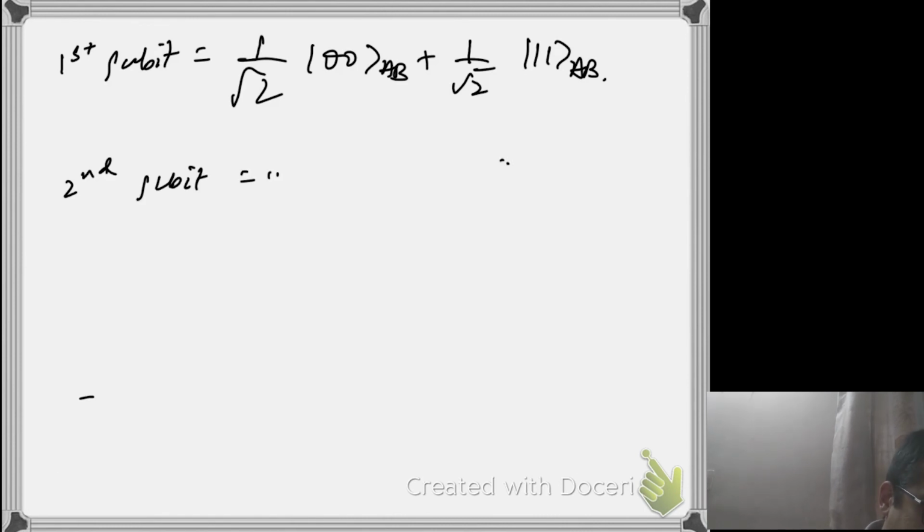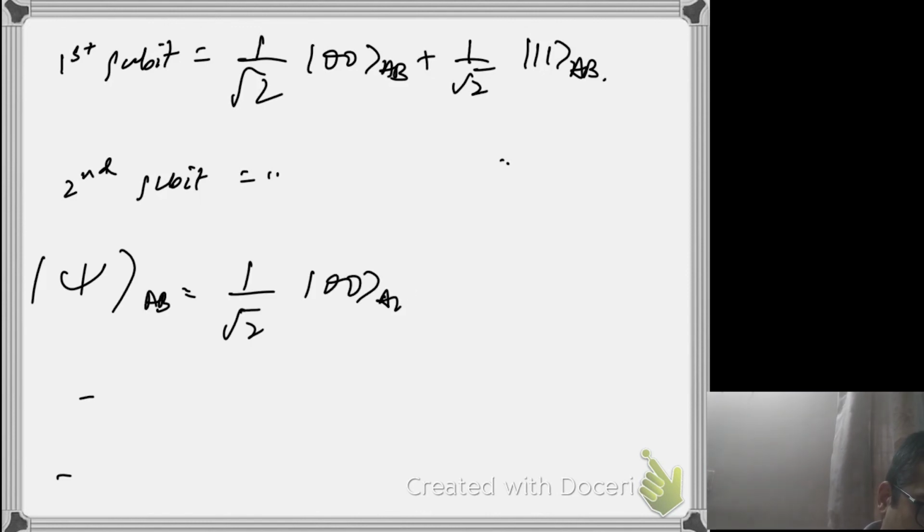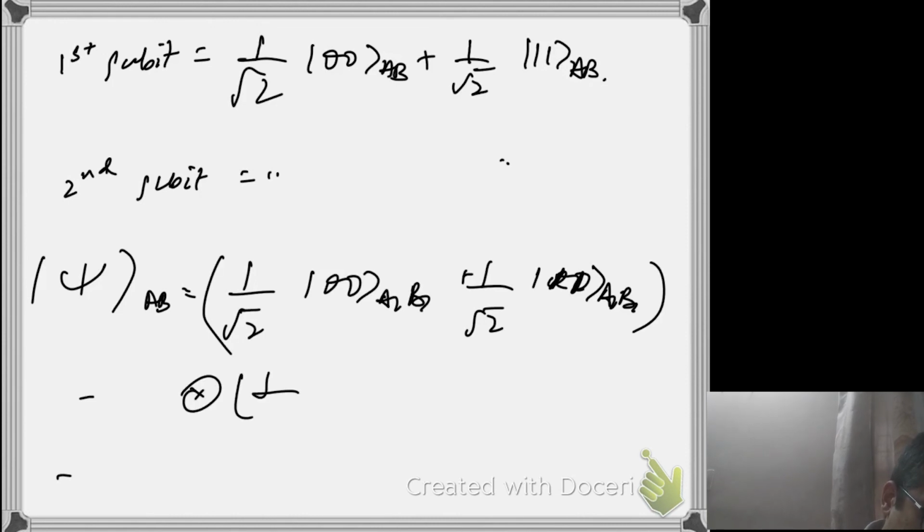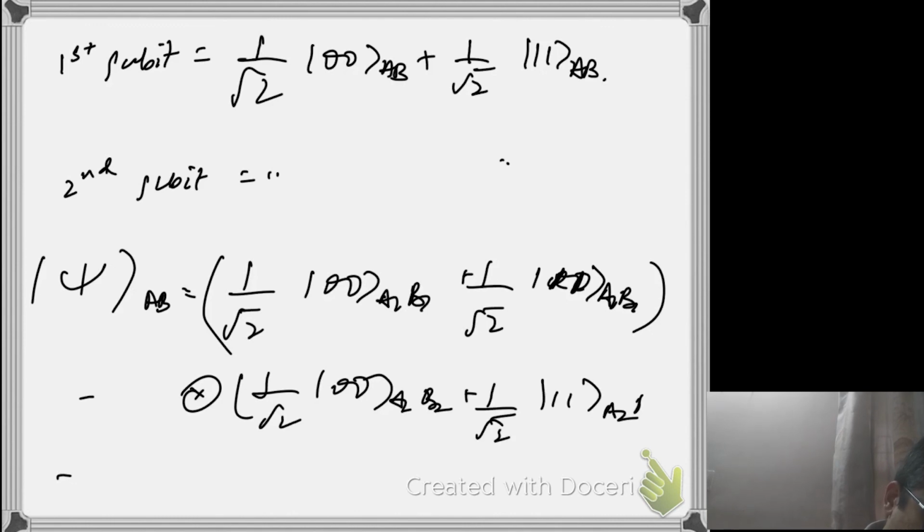So the overall state psi AB has to be 1 by root 2 |00> A1B1 plus 1 by root 2 |11> A1B1, tensored with 1 by root 2 |00> A2B2 plus 1 by root 2 |11> A2B2, tensored with ket phi ancilla.